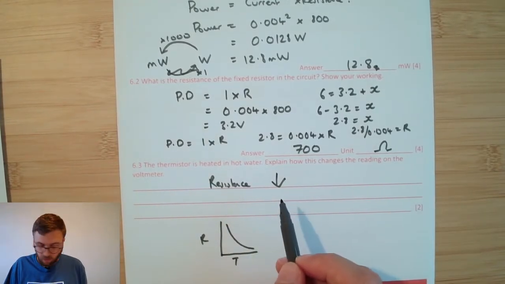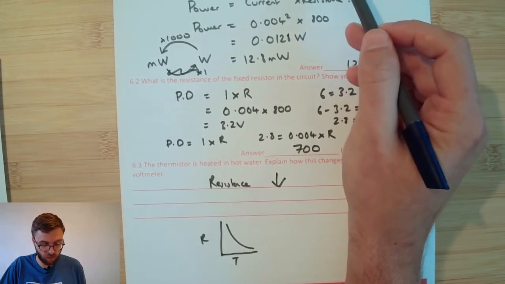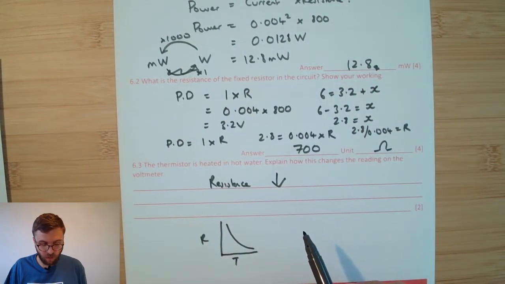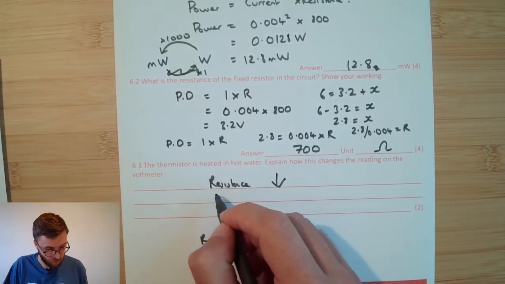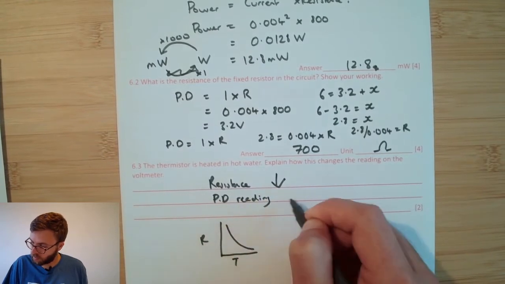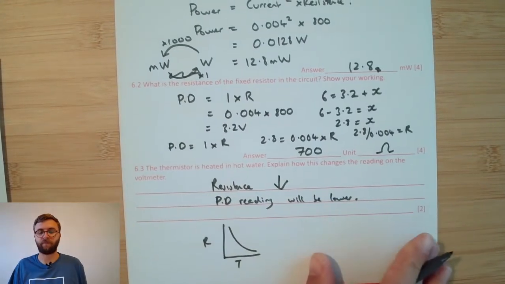If the resistance decreases over here, then it will take a smaller share of the potential difference, and therefore the potential difference reading will be lower.